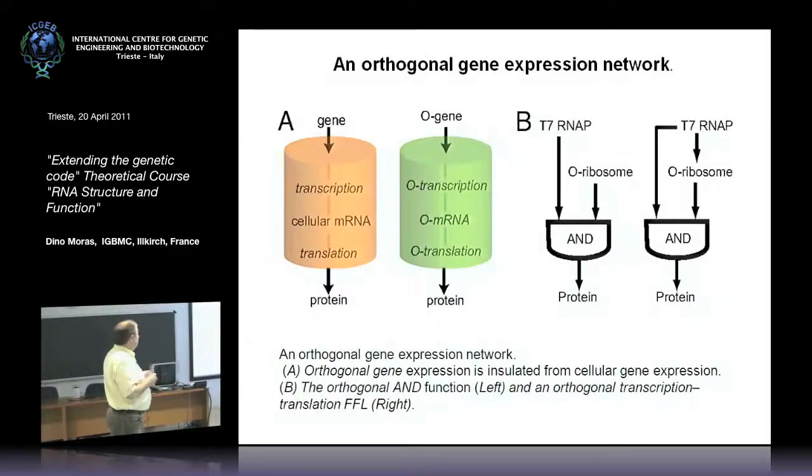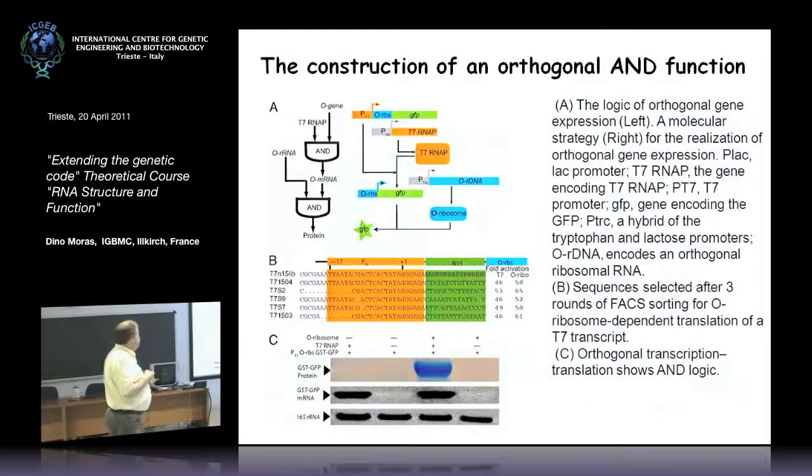Here is the network: that's the orthogonal, that's the normal, and the orthogonal gene expression is insulated from cellular gene expression, of course. You don't want them to mix. You have a specific action, and you want to trigger that when you wish. Here is the construction of an orthogonal function.